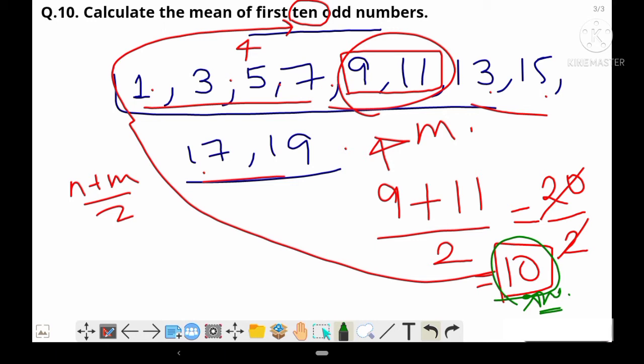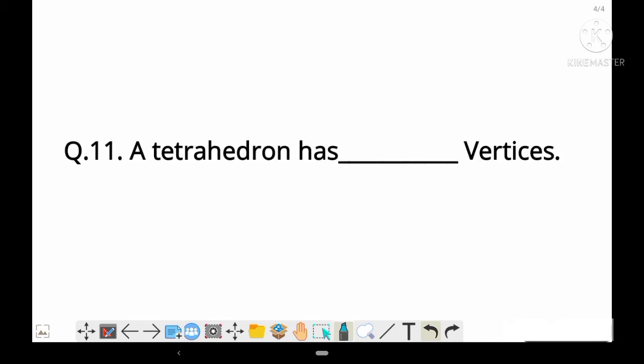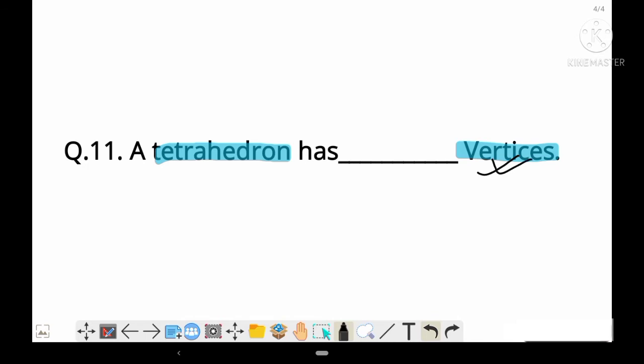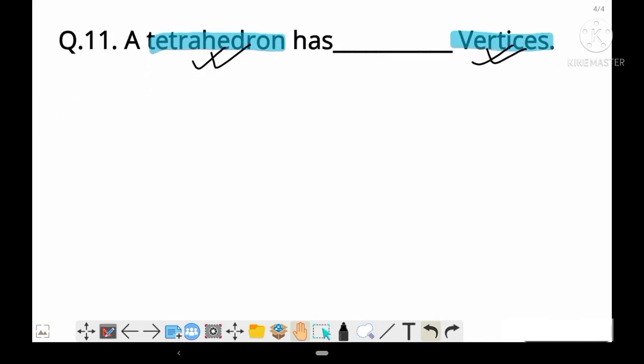Okay. Now question number 11. It is given that a tetrahedron has dash vertices. So we all know what a vertex is, right? Do you know what a tetrahedron is? Let me draw this for you. So this is a tetrahedron, meaning all its faces are triangles.